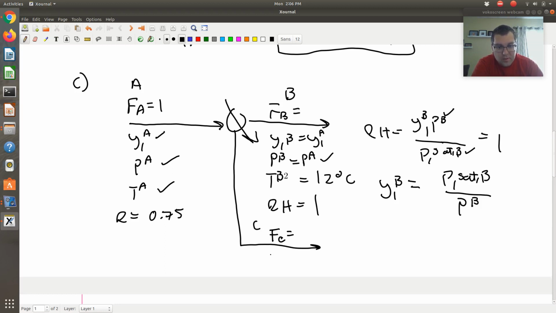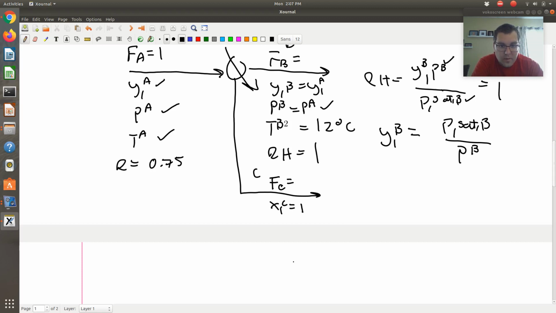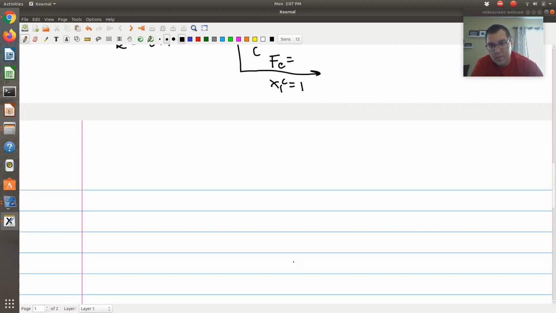So this would have a mole fraction of water of 1, right? It's going to be pure. So if I write out my mole balance, I would know that FA is equal to FB plus FC. And then the component mole balance: I should have Y1A times FA.